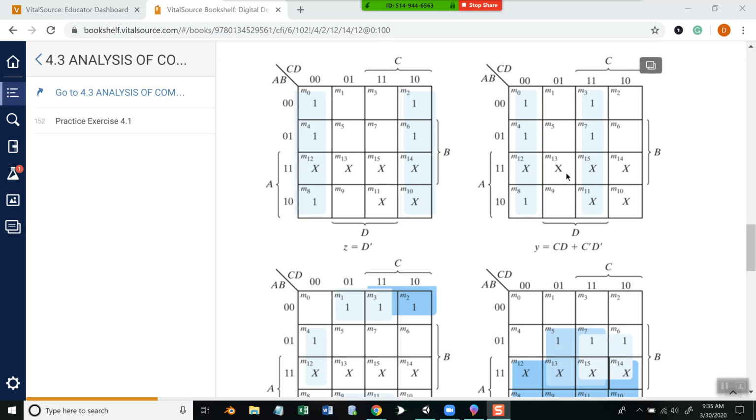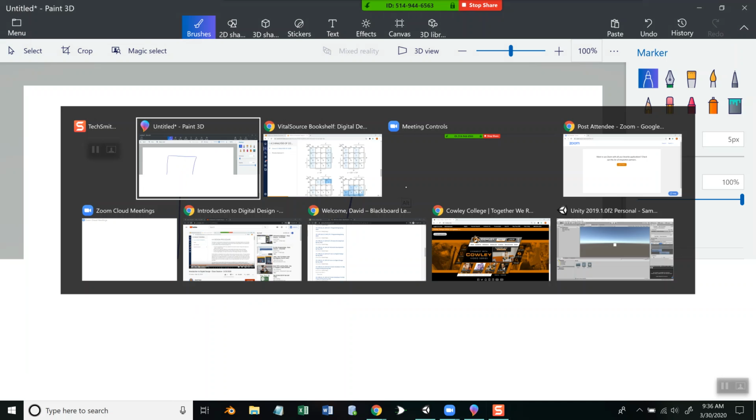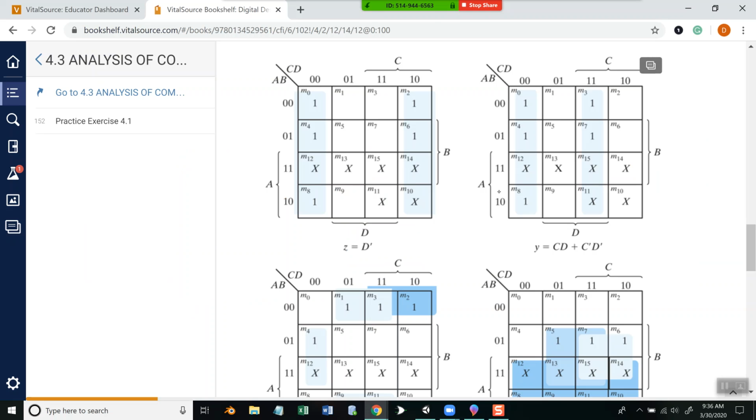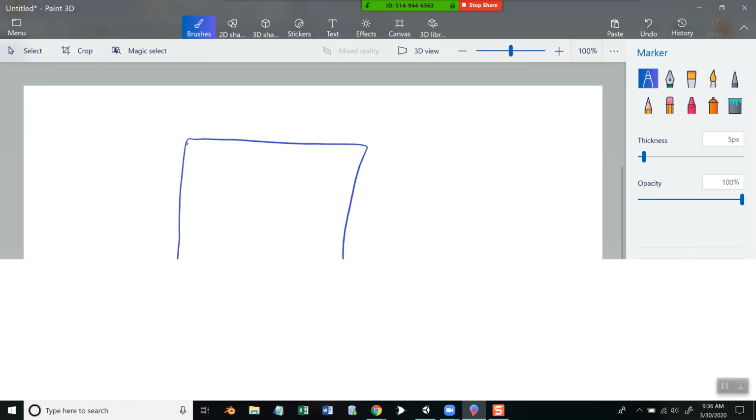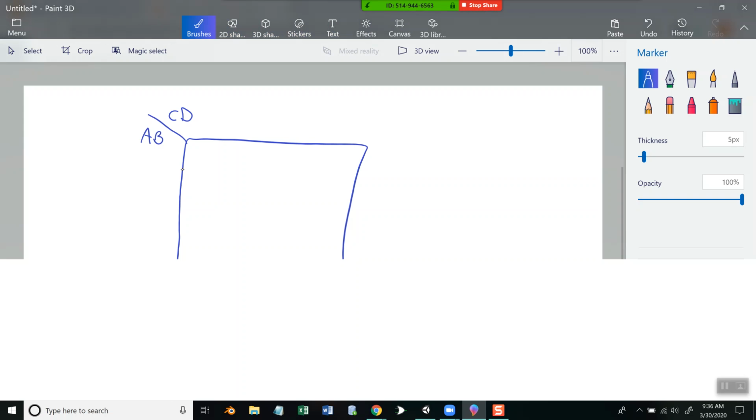For the table here, like this one right here, if you start out with the table itself, actually, let me show it better. So A, B, C, D. I got 4 by 4.